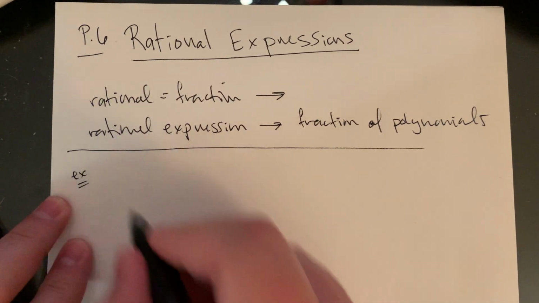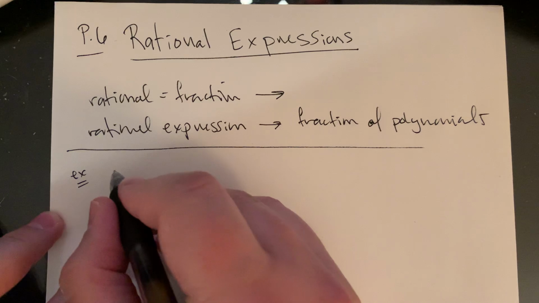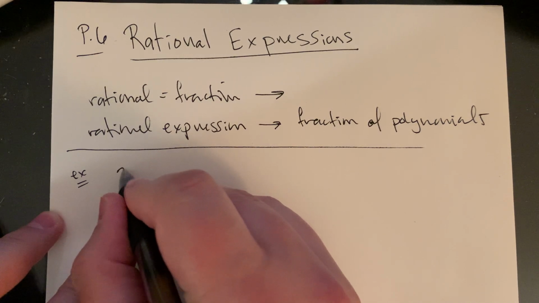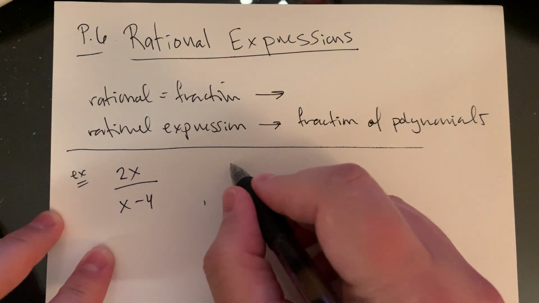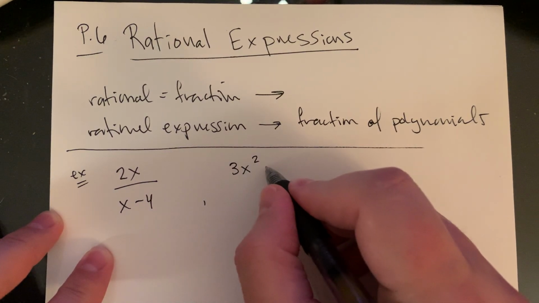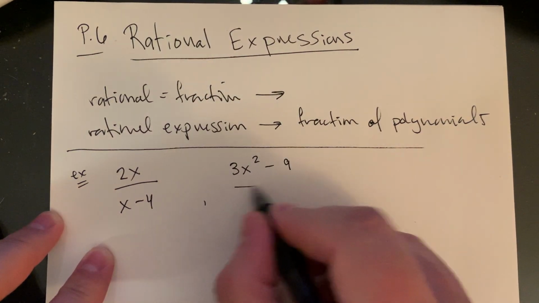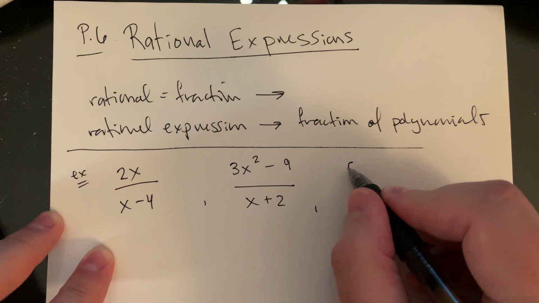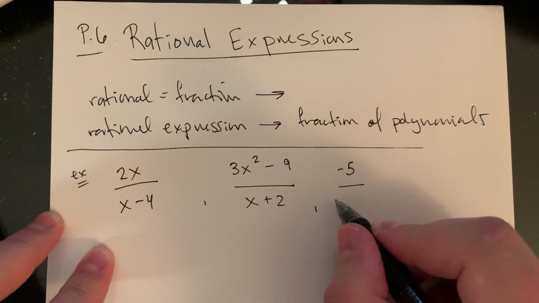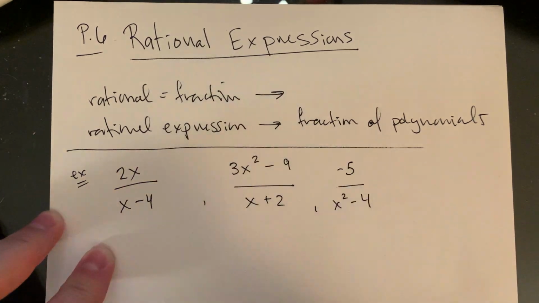So for instance, what are these going to look like? You could have something like 2x over x minus 4. You could have 3x squared minus 9 over x plus 2. You could have just like negative 5 over x squared minus 4.